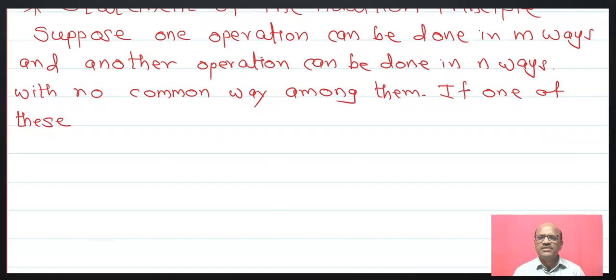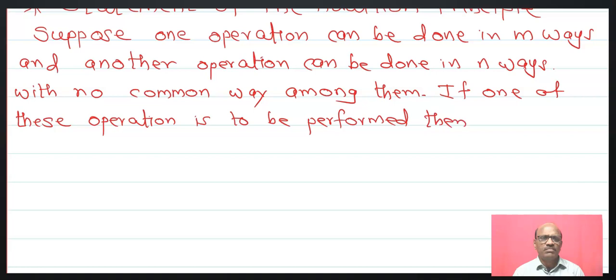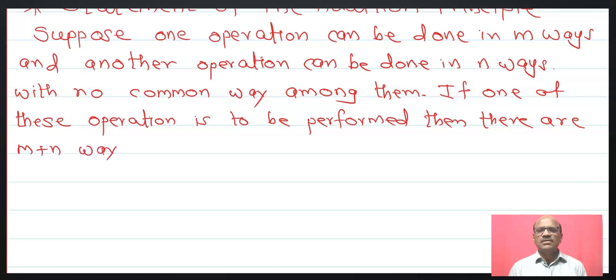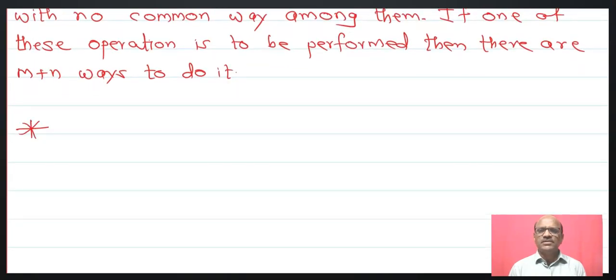If one of these operations is to be performed, then there are m plus n ways to do it. This is the addition principle.